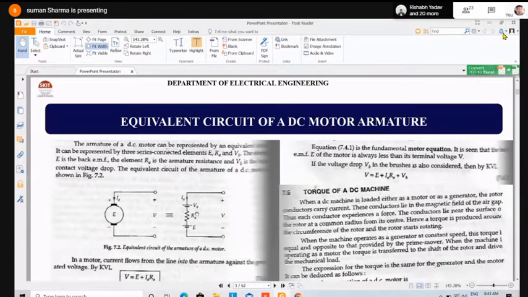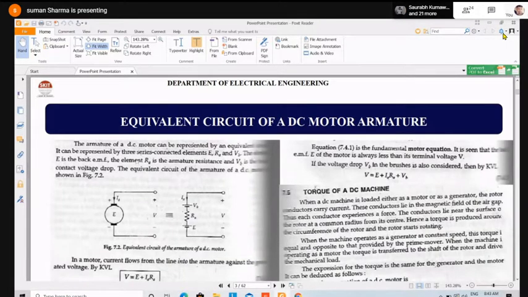Brush drop is VB, RA is the armature resistance and E is the back EMF. So you are representing this actual circuit into this electrical equivalent circuit as V = VB + IARA + E when you apply KVL in this circuit.